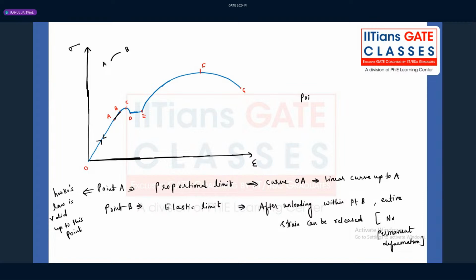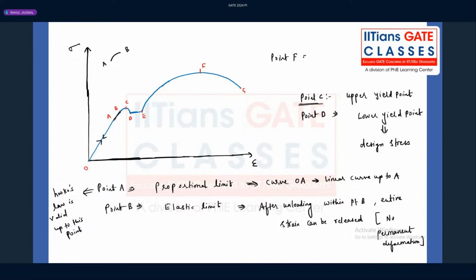What is the point C? The point C is the upper yield point. And the point D is what, guys? The point D is the lower yield point, which is nothing but the design stress for mild steel.